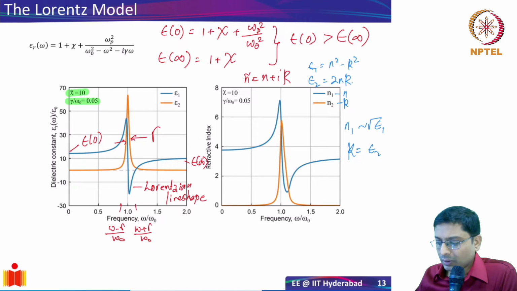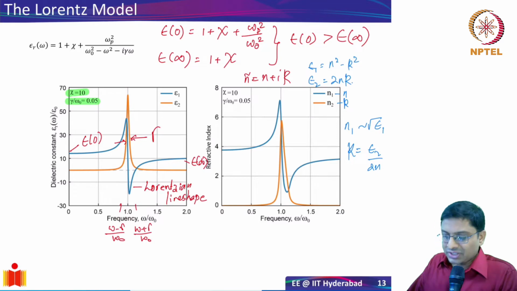Why is that valid? Well, we said that for low losses, epsilon 2 by 2n should be equal to kappa. If you are assuming small losses, roughly this should be the number. The message here is that the imaginary part of the refractive index gives you the absorption.